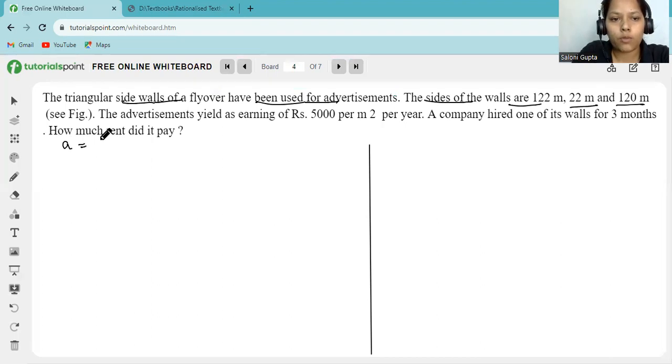Okay, so the sides are A equals 122, B is 22, C is 120 meter.